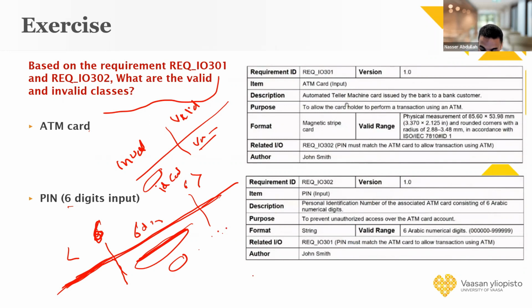Here we don't say from 0 to 6 digits. If you have 4 digits, for example 9999, or maybe 5 digits, any number, not only 9s. So we have invalid, valid, invalid. Okay, maybe we go to the next now.